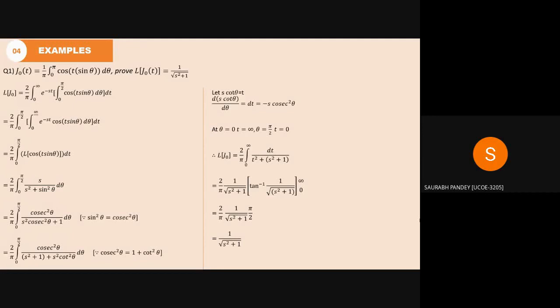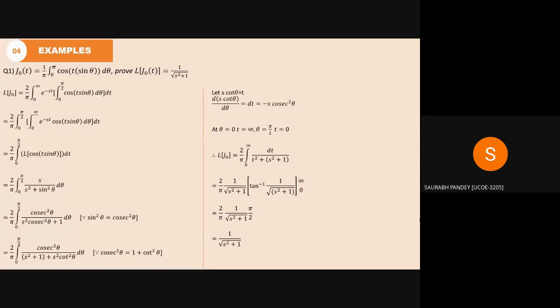That is 2 by pi integration of s by s square plus sine square theta d theta, limits from 0 to pi by 2. Further, we can write sine square as 1 by cosec square, and for further simplification it equals 2 by pi, limits 0 to pi by 2, cosec square theta divided by s square cosec square theta plus 1, d theta.